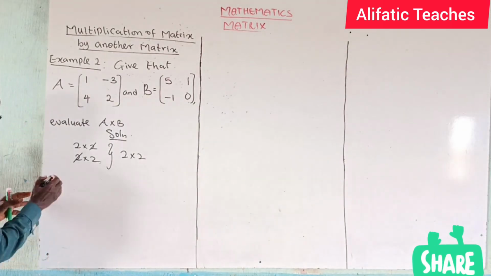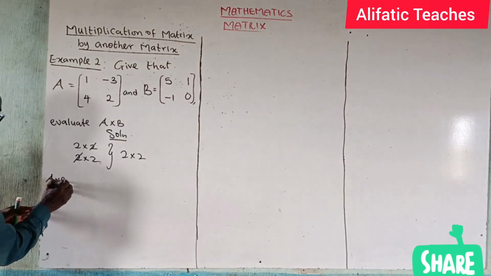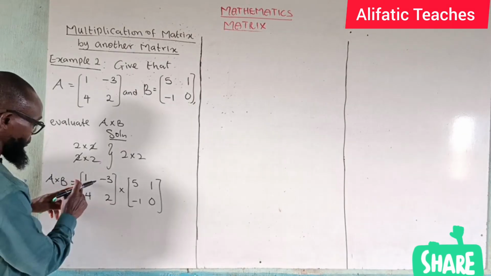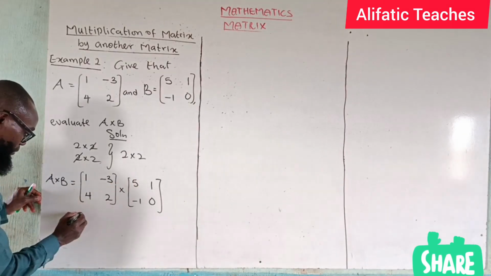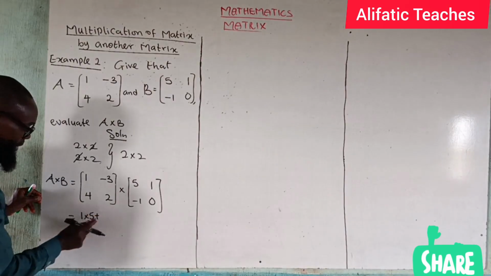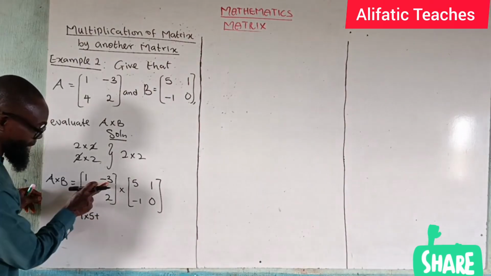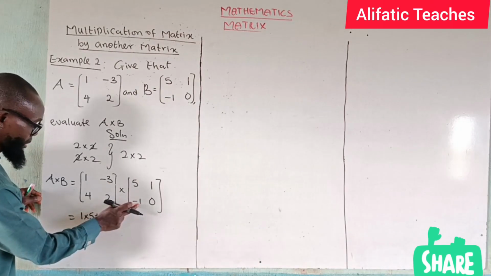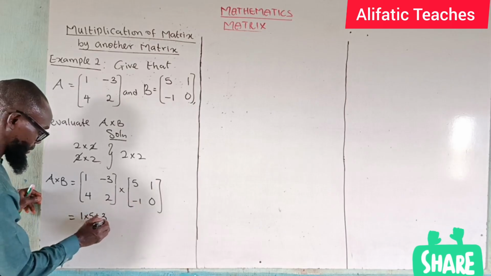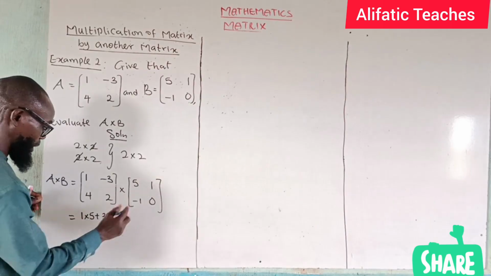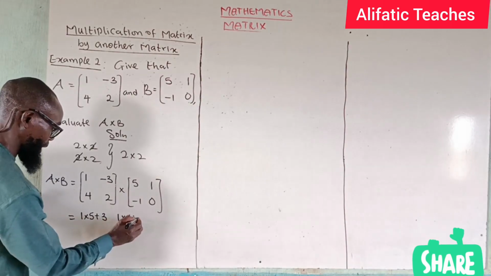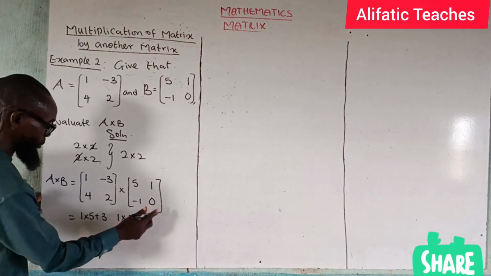Now let us multiply it. So we have first row, we multiply first column, 1 times 5 plus minus 3 times minus 1, that is plus 3. Then first row, second column, 1 times 1 plus minus 3 times 0.